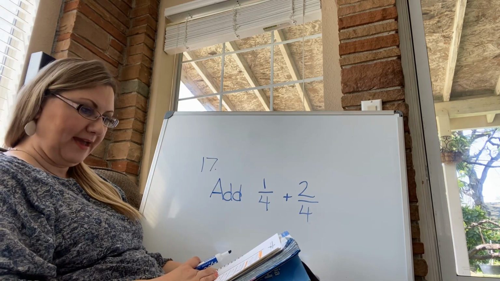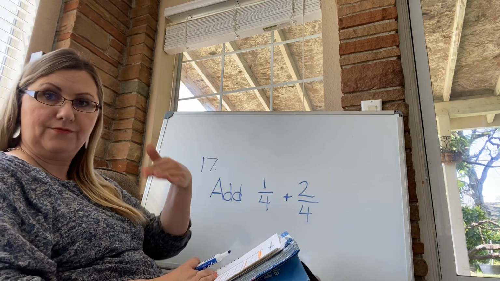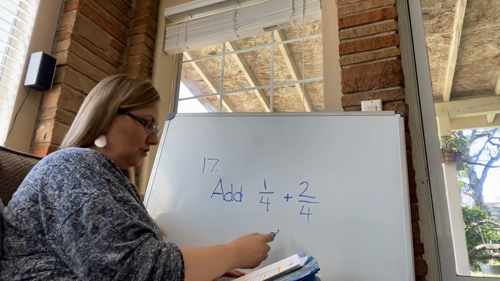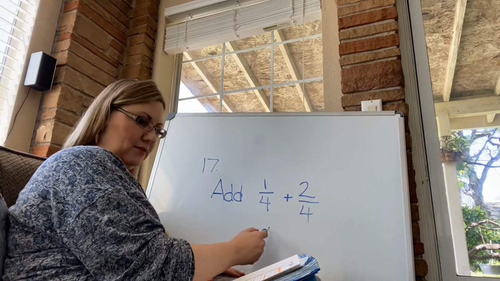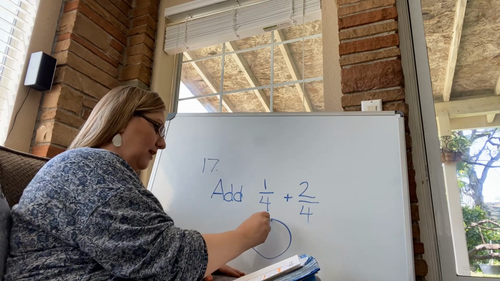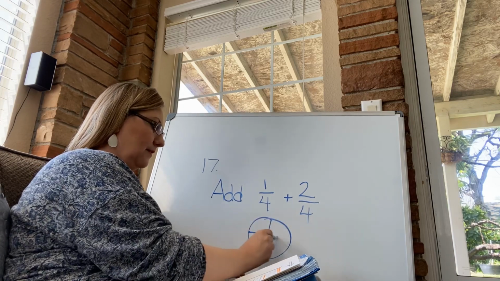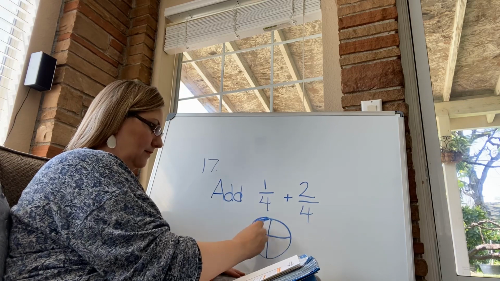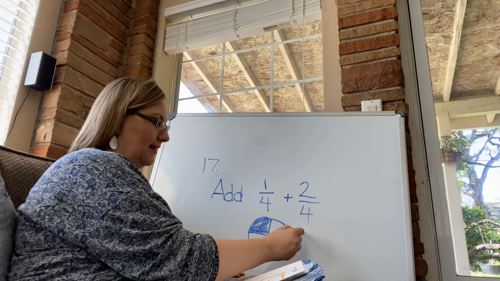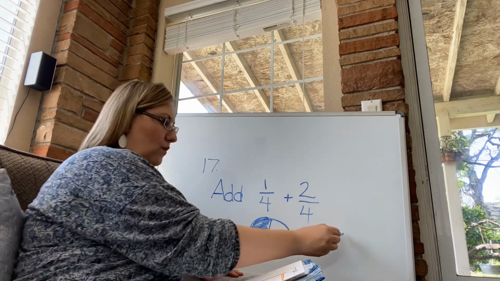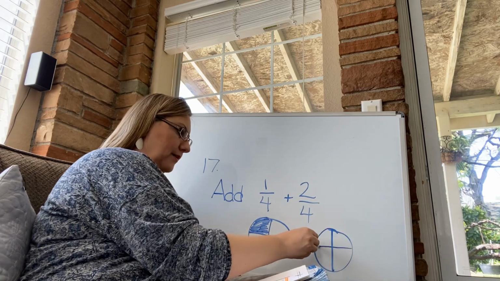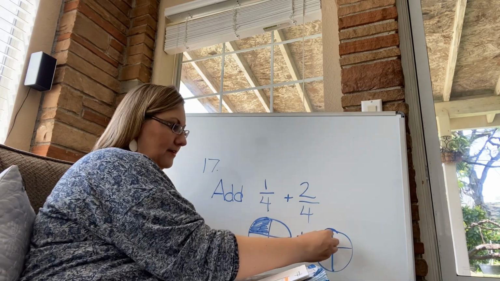But we need to prove that with our manipulatives and our circles. In this case, we'll just do our circles, okay? So 1/4, 1 out of 4 parts. And then 1/4, and then here's my second congruent circle. Cut that into 4 parts.